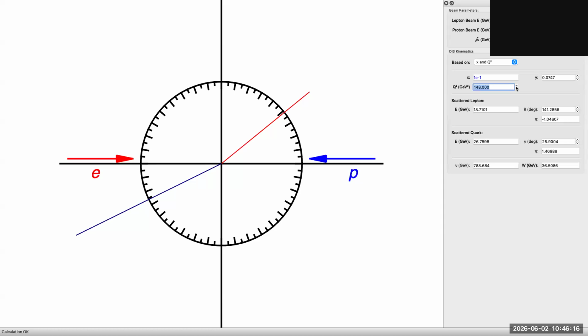So you increase the Q squared, at the same energy, 18 on 275 collisions, and you keep the same x, then you basically change y when you change Q squared. You can do it the other way around. But now your scattered electron goes to a much higher angle, and your quark also changes. Okay? So now you go to higher Q squared.